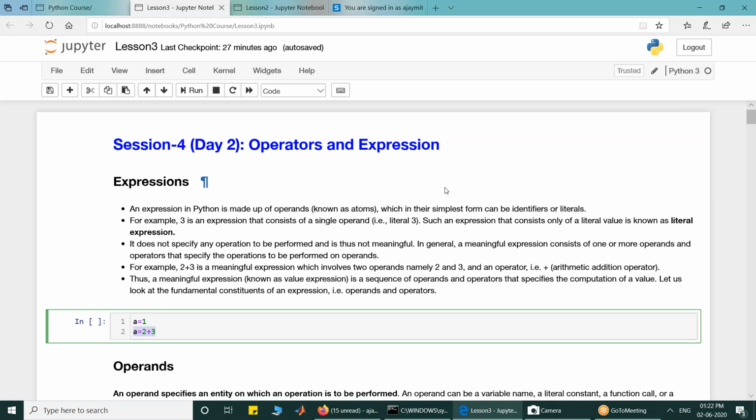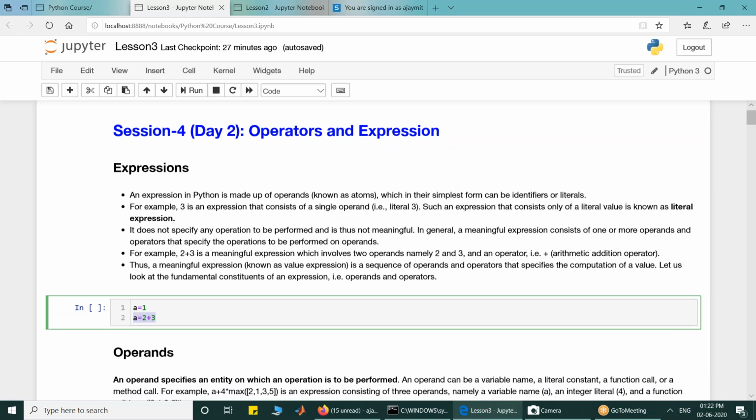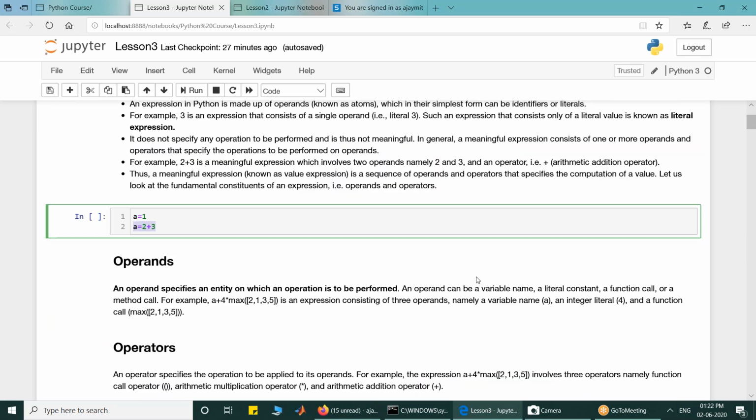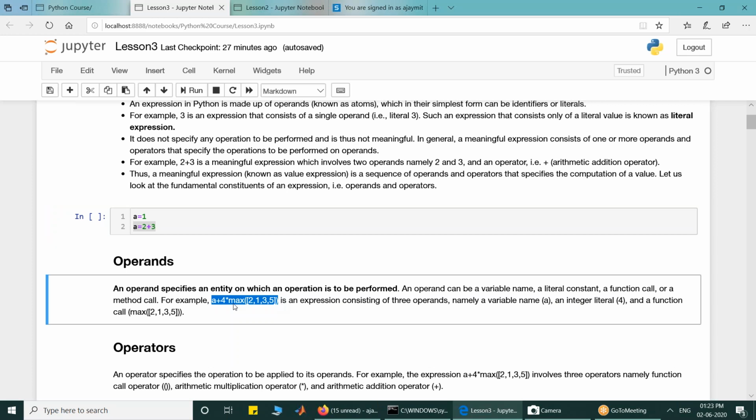So what are operands? Operands are the entities on which operations are performed. It may be a literal constant, or a function call, or a method call. For example, in a plus 4 into max(2, 1, 3, 5), how many operands do we have?